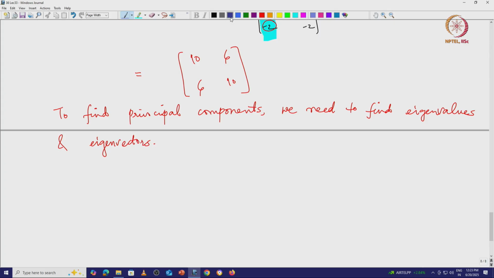Okay. So how do we find the eigenvalues and eigenvectors? You know that if you have a matrix A and you want to find the eigenvalues and eigenvectors, essentially what you do is you write it as AV equals lambda IV. So you introduce the identity matrix of the appropriate size, and then bringing this to the left hand side and taking the V out, it becomes A minus lambda I times V equal to 0, right.